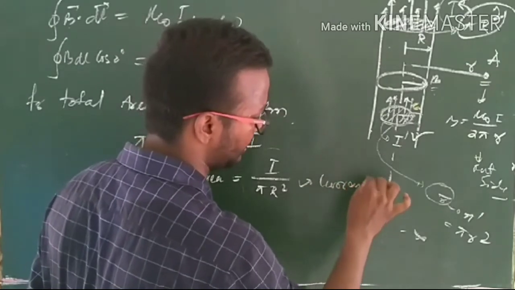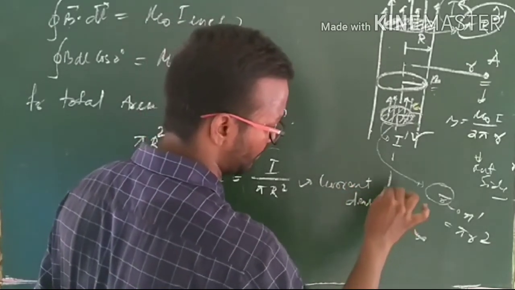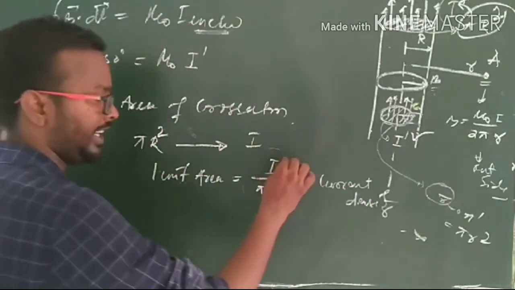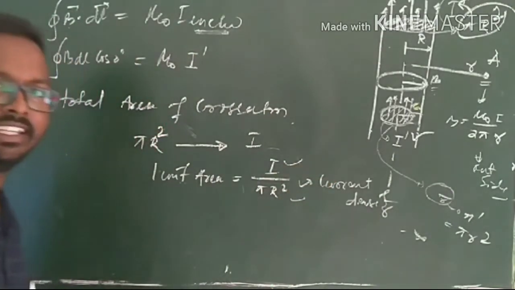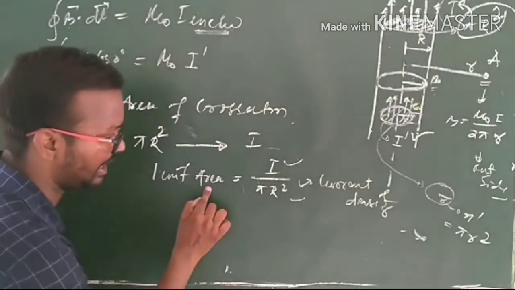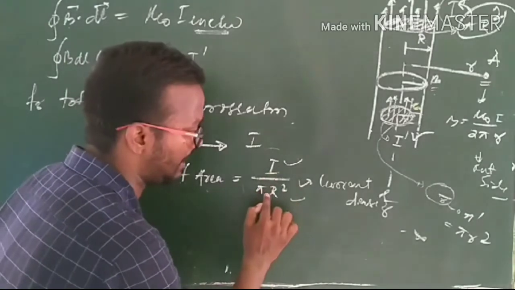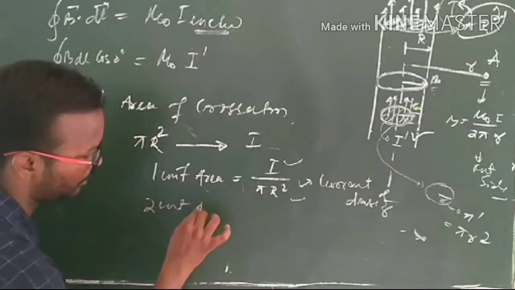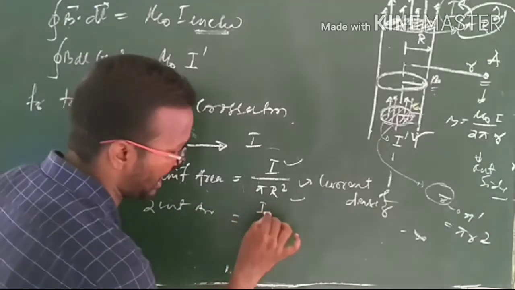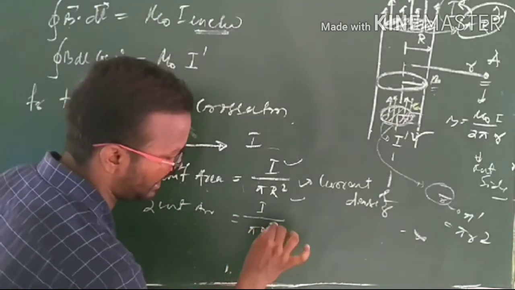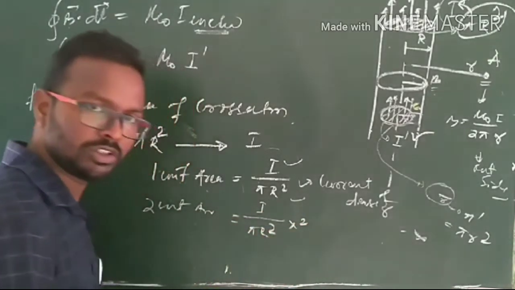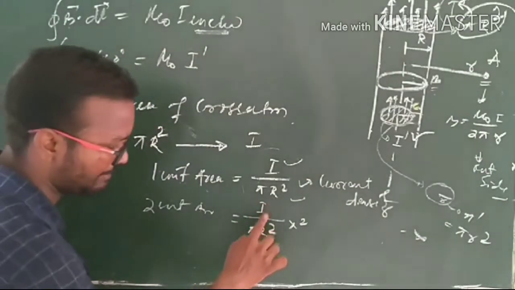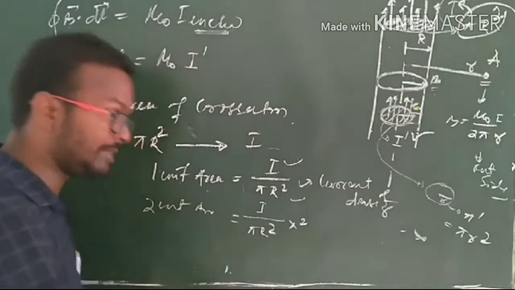You know what current density is? It is the current flowing through unit area. For 1 unit area the current is I by pi R square. For 2 unit area, I by pi R square into 2. For 3 unit area, I by pi R square into 3.